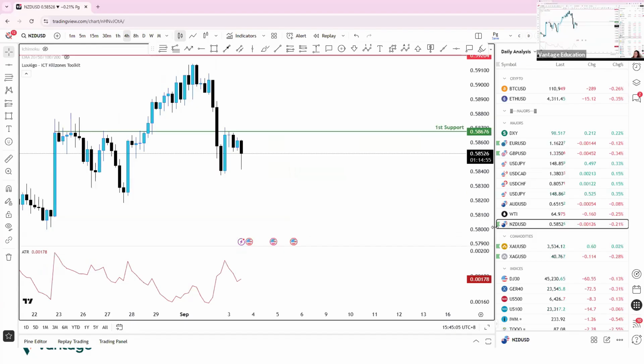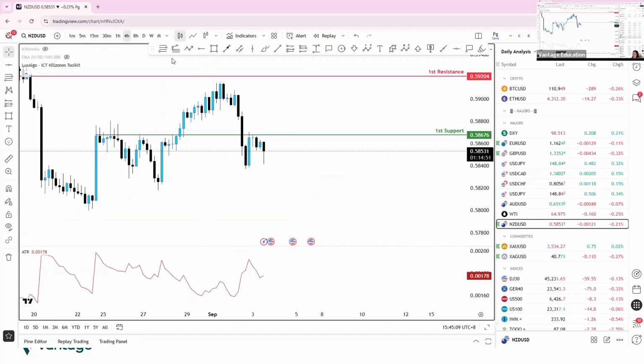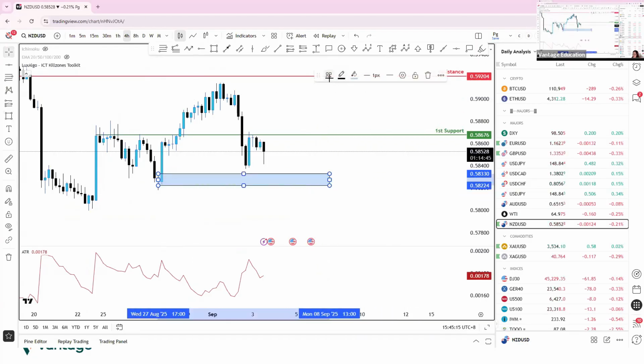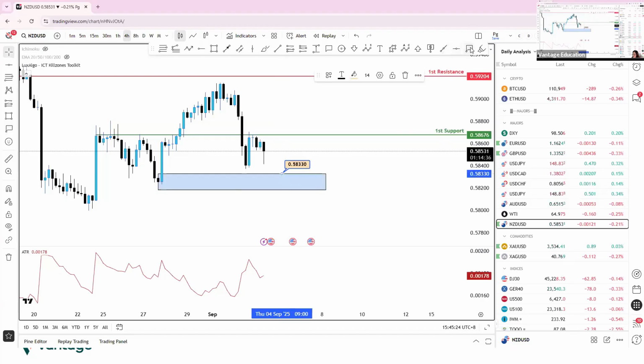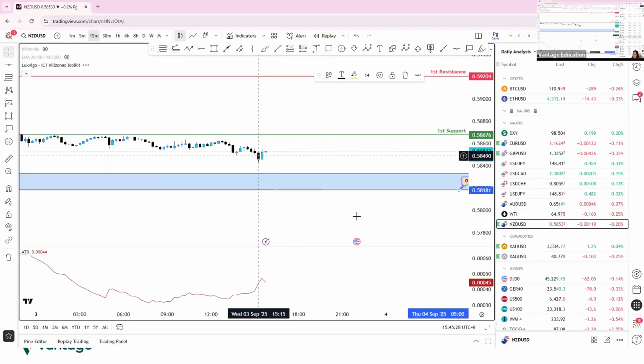For the same, similar to this, this is going to be my entry, meaning that I want to see price falling to this level.